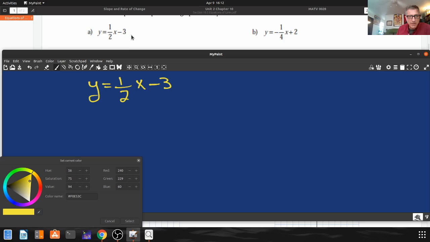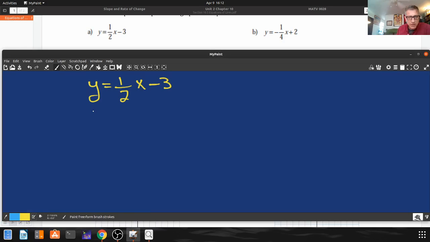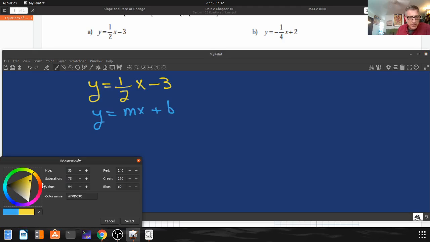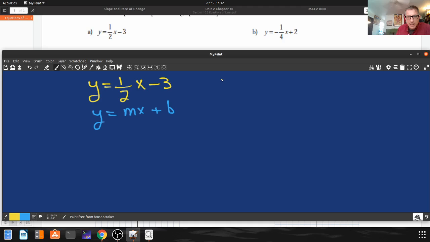Y is equal to 1/2 x plus 3. So underneath of it, until I'm getting used to it, I'm going to write y is equal to mx plus b. So now let's extract the information I want. M, which is my slope, is equal to 1/2.